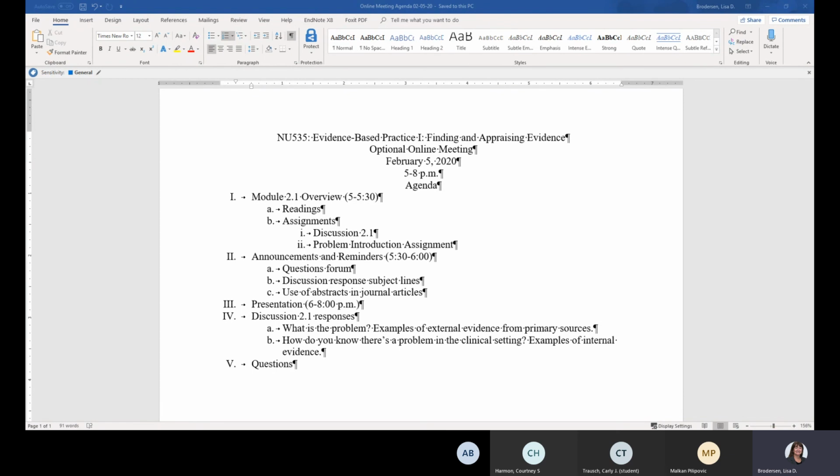Paper elements and format. Oh, shoot, I'm trying to find the sample paper. I may not be able to do that. Oh, here it is. Okay, I'm going to see if I can share that.